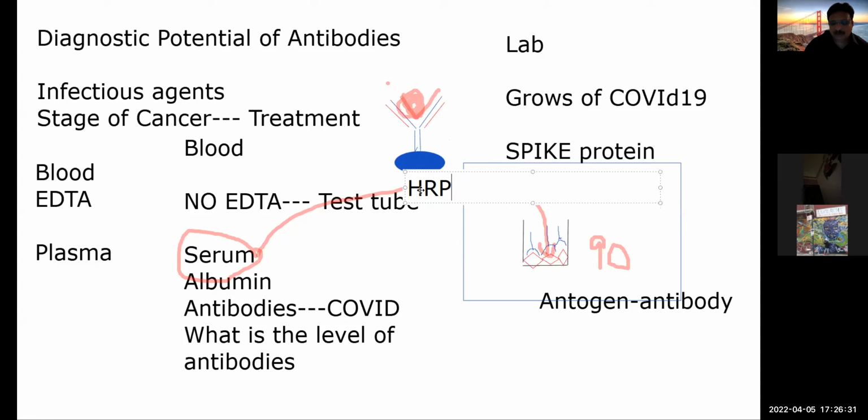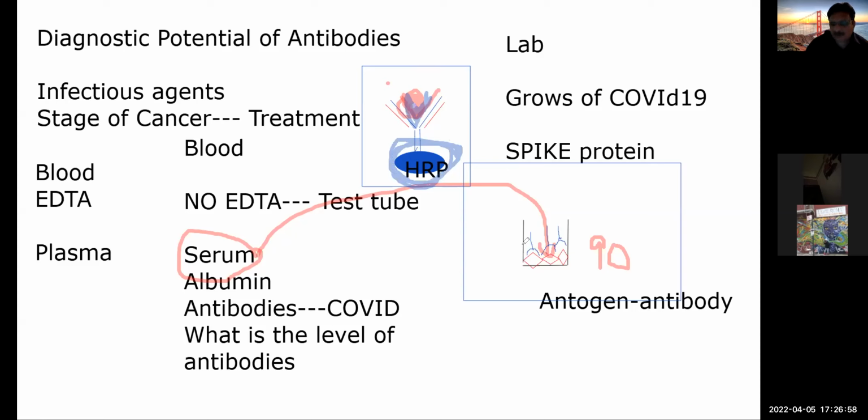So what happened? This particular antibody became a chimeric molecule. Why do I say chimeric molecule? On one hand, it has the antibody property to bind to antigen, and on the other hand, it has been made a chimera by conjugating it to an enzyme called horseradish peroxidase.